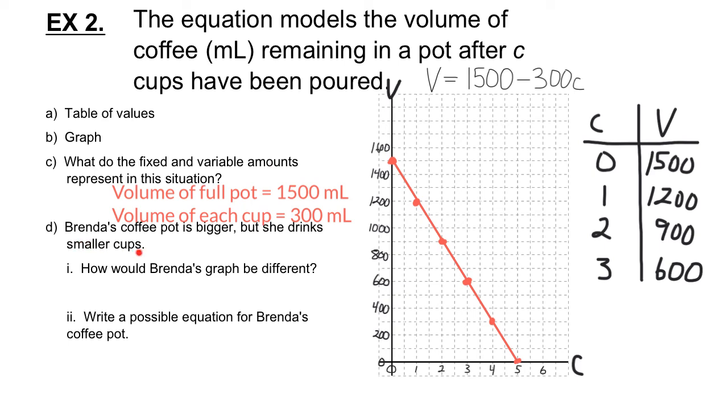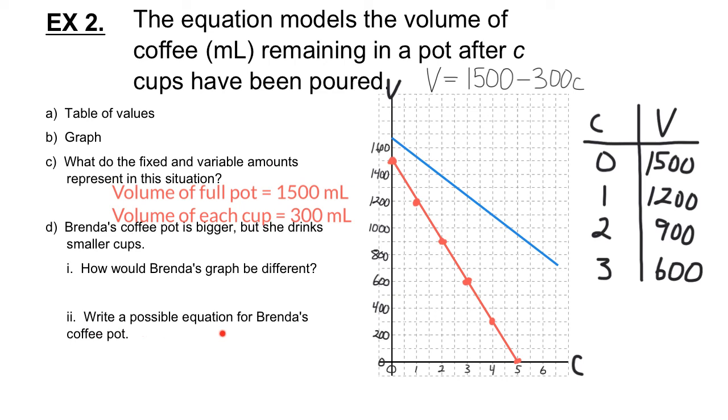She drinks smaller cups, so that means this amount will be smaller, which means you're going to be decreasing at a smaller rate. So Brenda's graph might look like this blue line where the initial volume is larger because the coffee pot holds more, but it's going to decrease at a smaller rate because the cups are smaller.